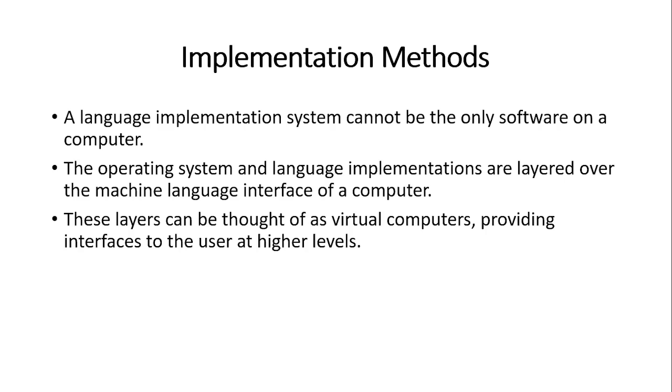The operating system and the language implementations are layered over the machine interface of a computer. These layers can be thought of as virtual computers, providing interfaces to the user at higher levels. For example, an operating system and a C compiler provide a virtual C computer.